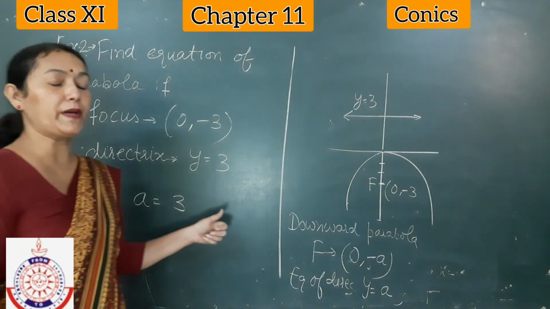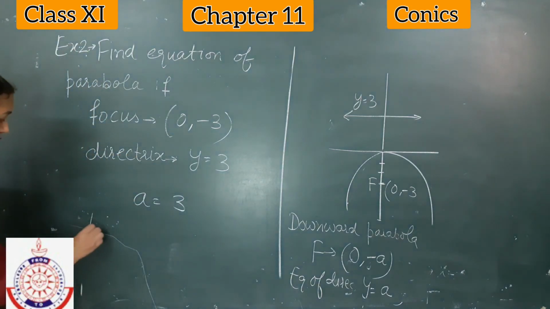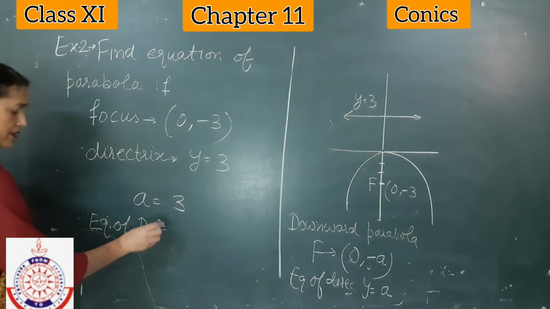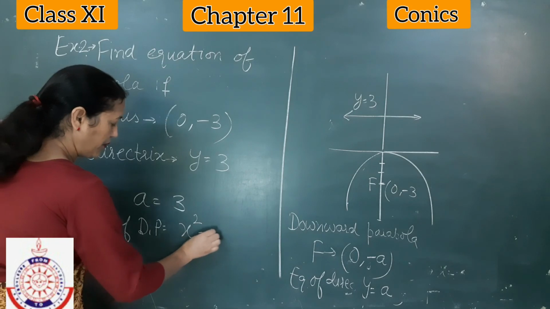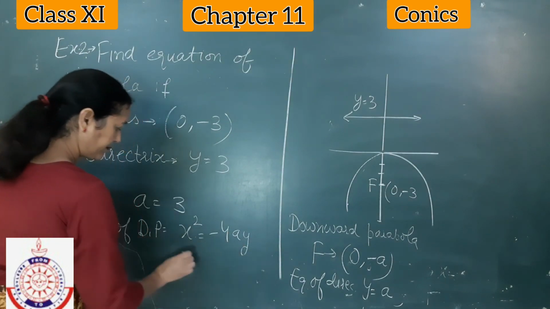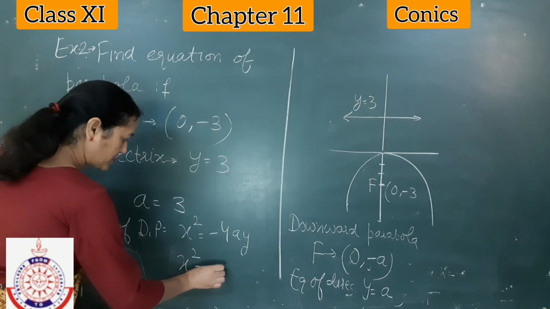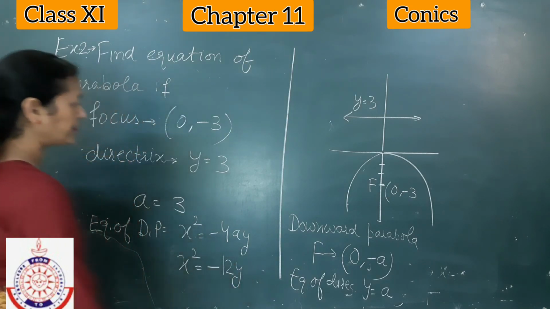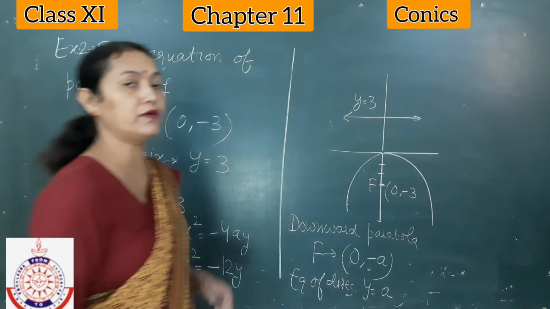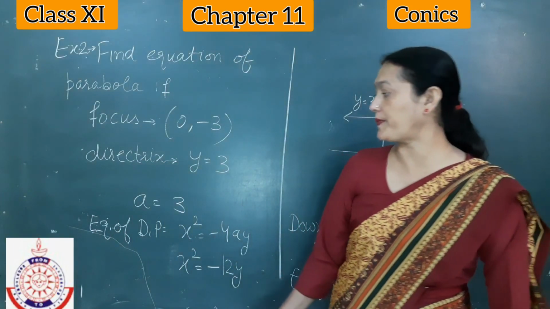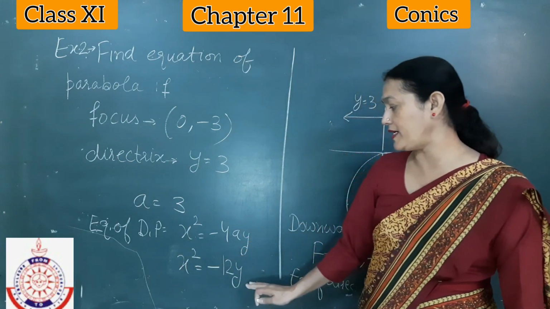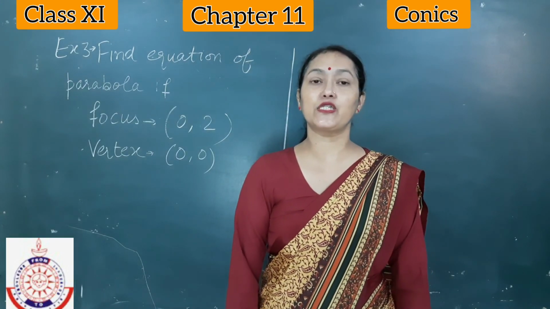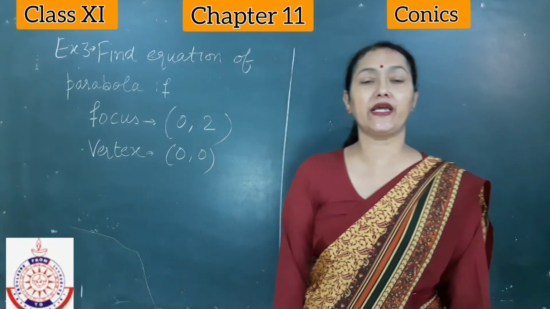And for a downward parabola, we know that the equation is x square equals -4ay. So x square equals minus 4 into 3, 12y. So just by using the value of focus and directrix, we have obtained the equation of the downward parabola as x square equals -12y.